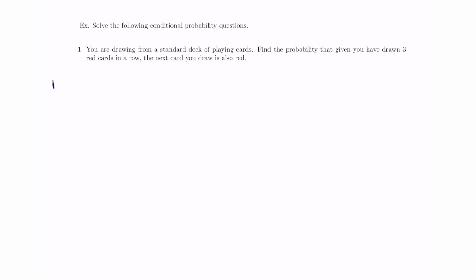Let's call event A the event that we've already drawn 3 red cards. So the event of drawing 3 red cards, right? So that's one event.